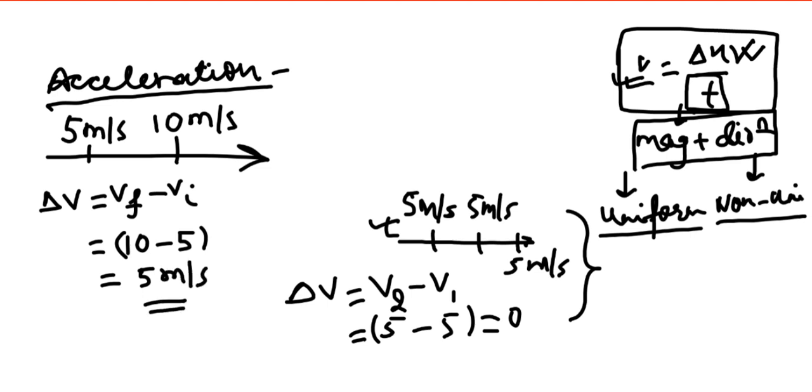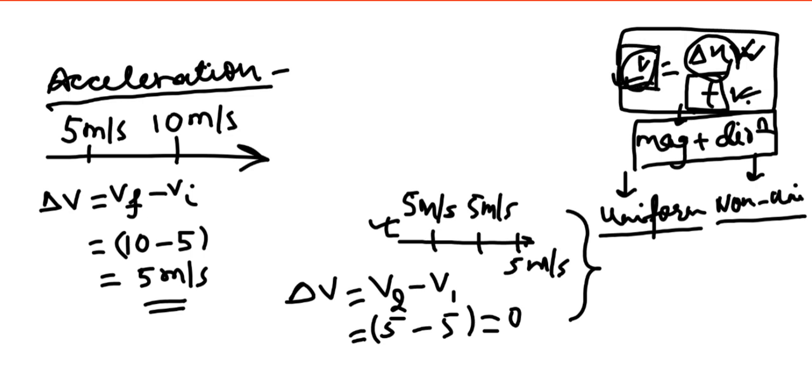So here, when we talk about the change in velocity and divide it by time, okay, earlier we were talking about change in position and we divided it by time to get a new physical quantity, that is velocity.